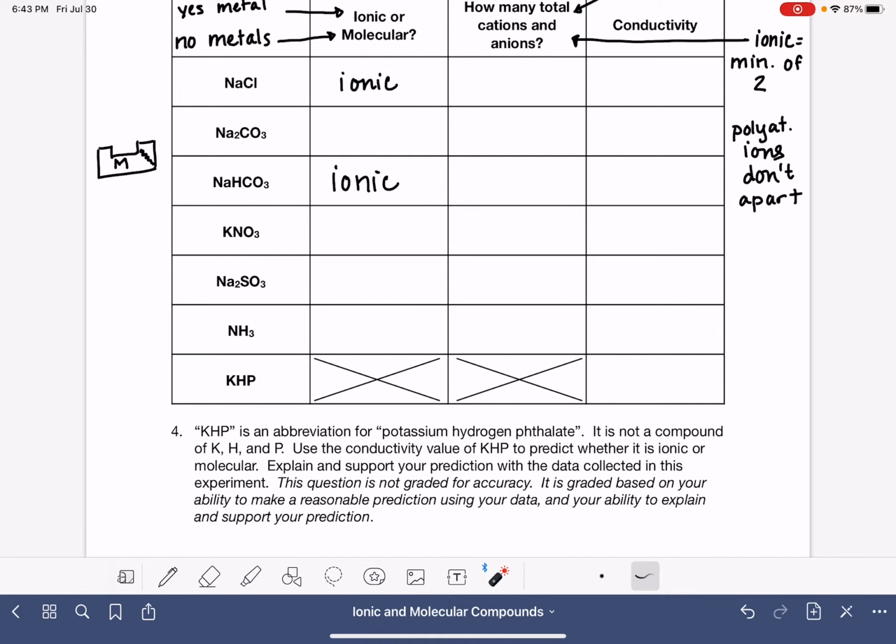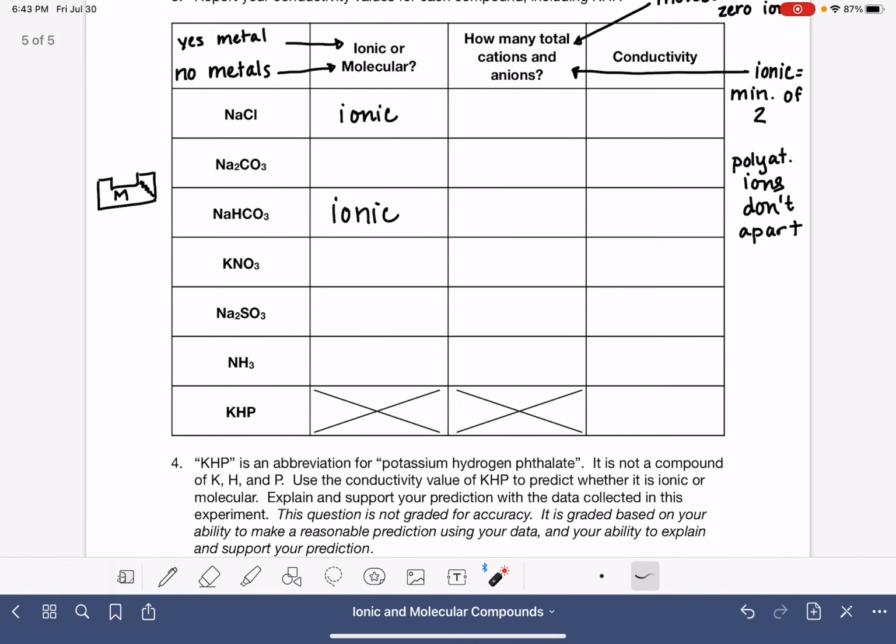So what you're going to do for KHP is you're going to look at the conductivity value that you obtained for KHP, and you're going to find a compound that has similar conductivity. So let's just say maybe our KHP conductivity is 7, and then I'm just going to make some random numbers up here. This is definitely not real data.